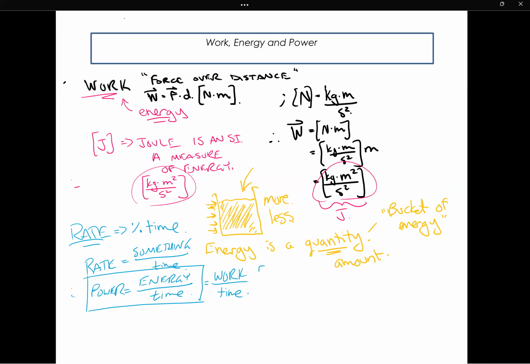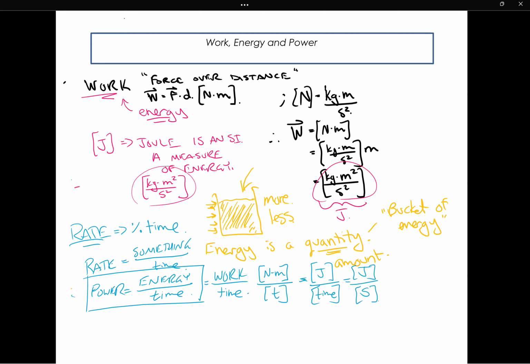But at any rate, it is definitely newton meters over time, or it can be expressed in joules over time. And the base SI unit for time is seconds. So we can say it's joules per second.